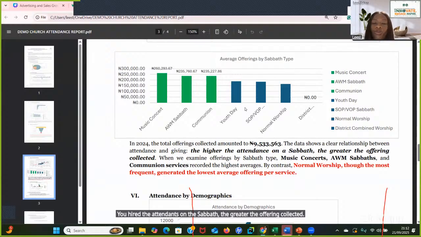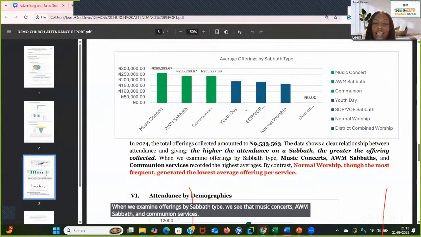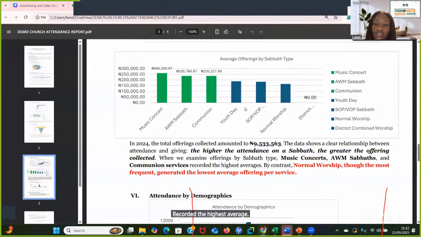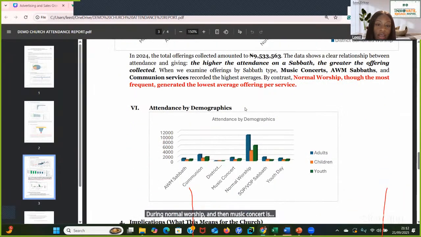When we examine offerings by Sabbath type, we see that music concert, AWM Sabbath, and communion services recorded the highest average. By contrast, normal worship, though the most frequent again, generated the lowest average offering per service. That is already an indication that there is a problem if people do not give during normal worship and then music concert is high.